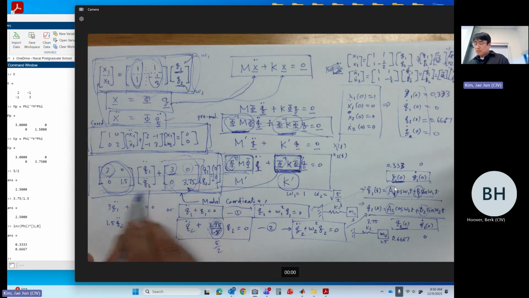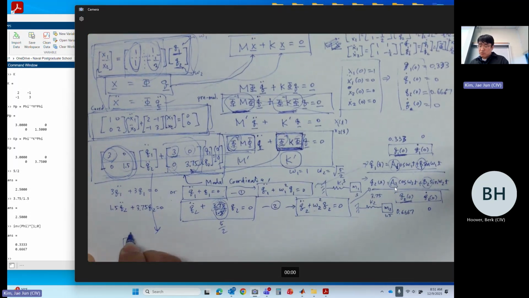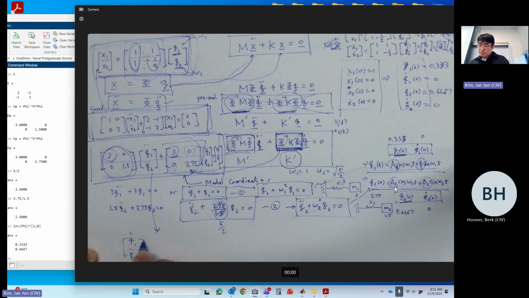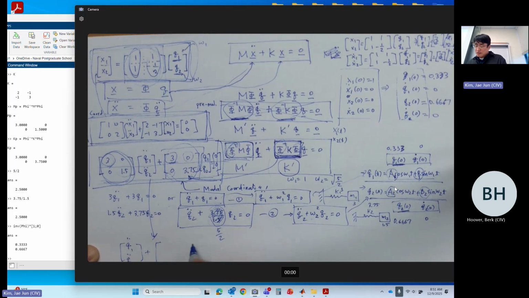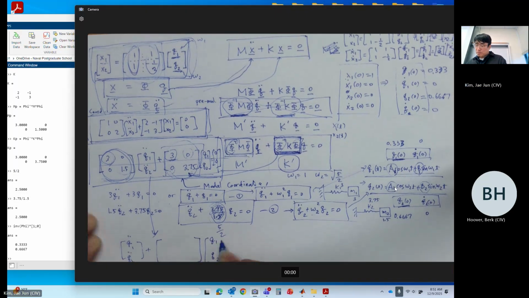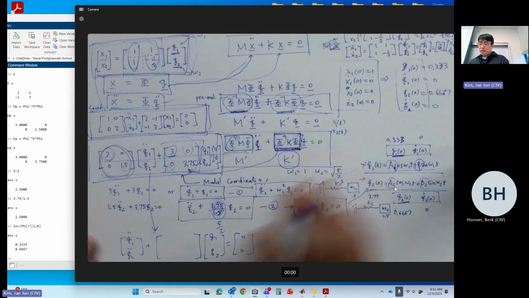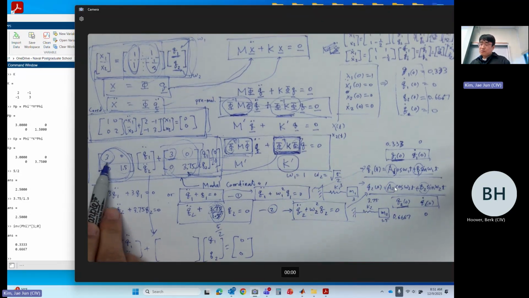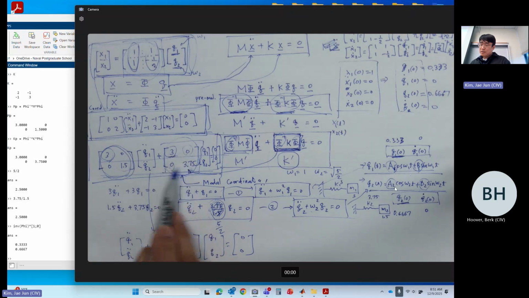So what I'm saying is this equation you can rewrite as a set of uncoupled equations, which is q1 double dot, q2 double dot plus now q1, q2 is 0, 0. So what I'm doing is I'm now dividing this by m.